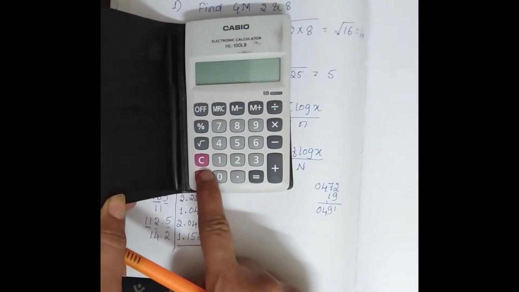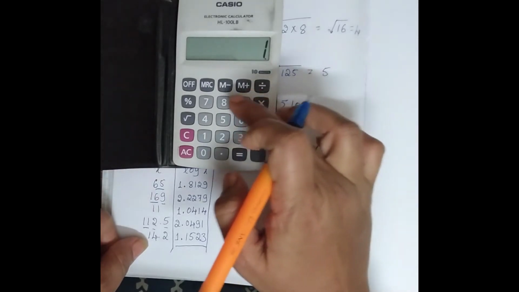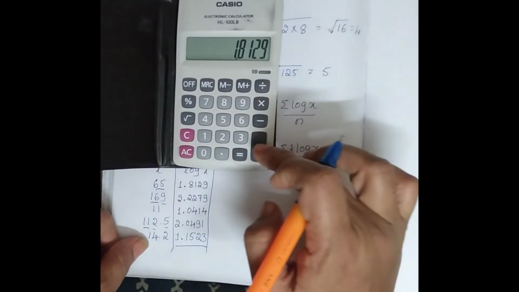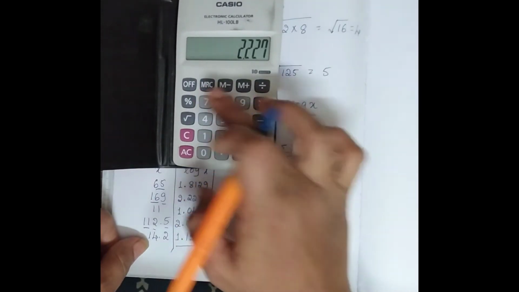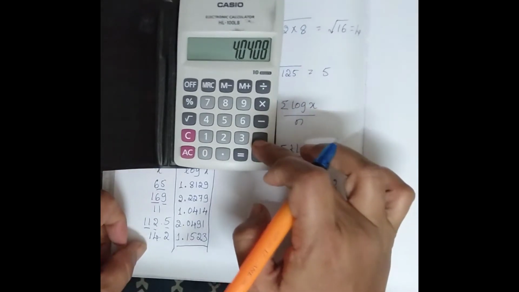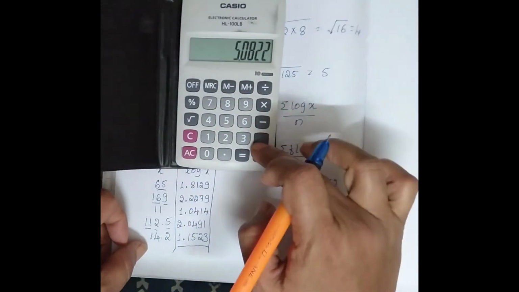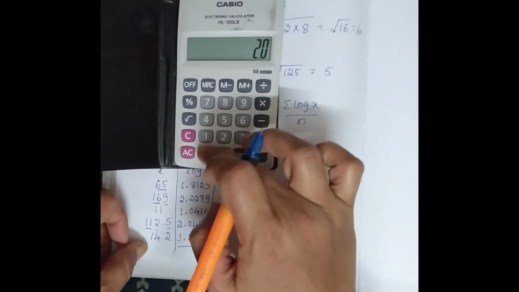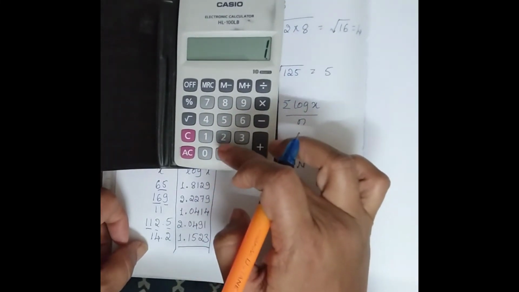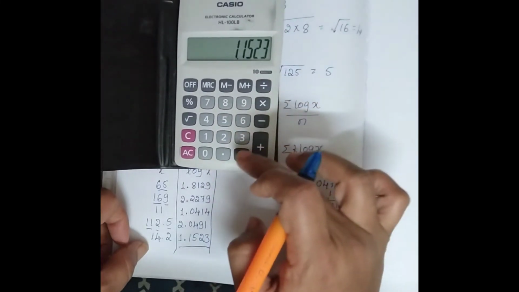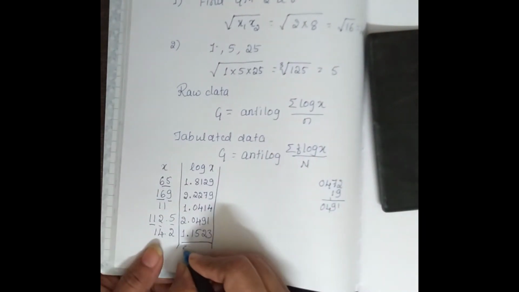Here 1.8129 plus 2.2279 plus 1.0414 plus 2.0491 plus 1.1523. Then it is 8.2836.